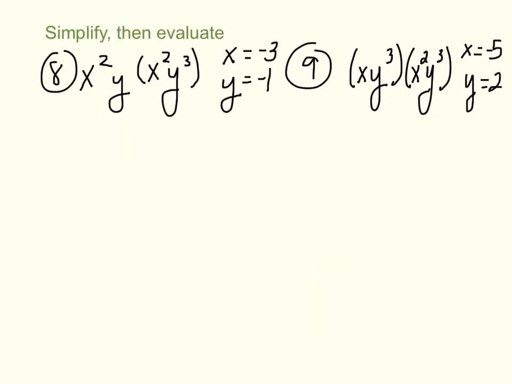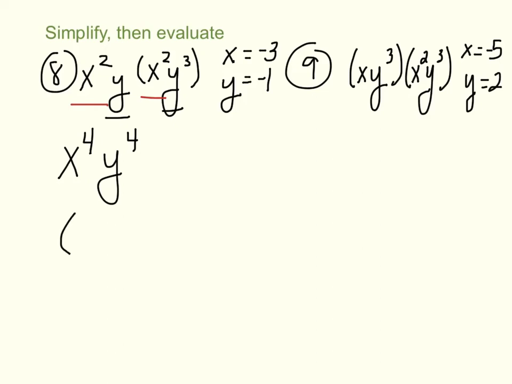The last two problems, number 8 and 9, you are going to simplify first, then evaluate. So let's first multiply these together. x squared times x squared gives me x to the fourth. y times y to the third gives me y to the fourth. I now plug in my values of x and y. x is negative 3, y is negative 1. Please make sure you follow rules.